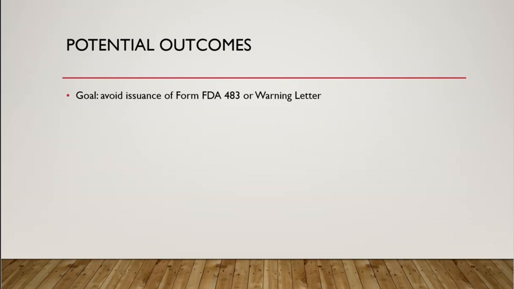And we want to avoid receiving a warning letter because both of those are separate outcomes, but they initiate more formality afterwards. So we don't want to get into formalities. We want to keep on as friendly a basis with the FDA as we can. So our goal is to avoid getting a 483 and a warning letter.